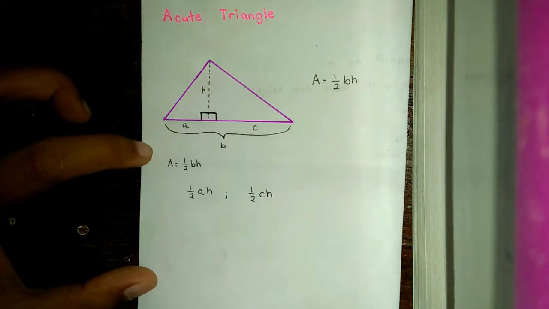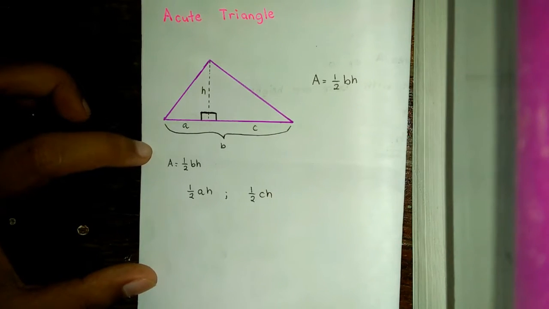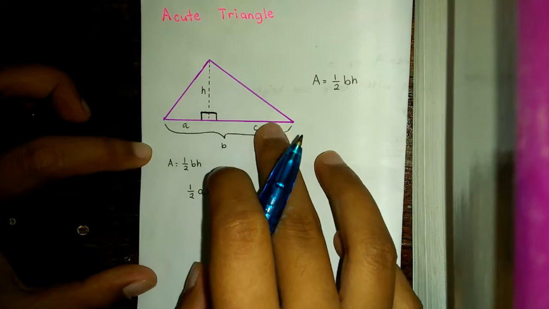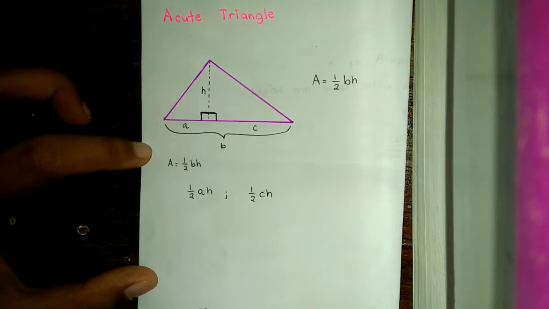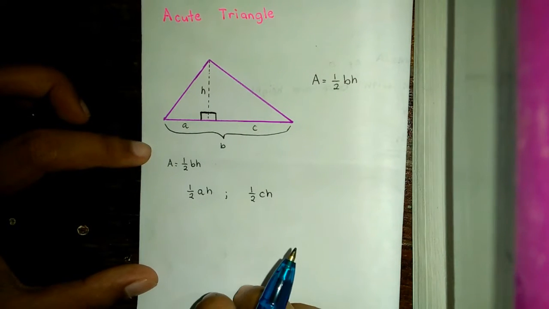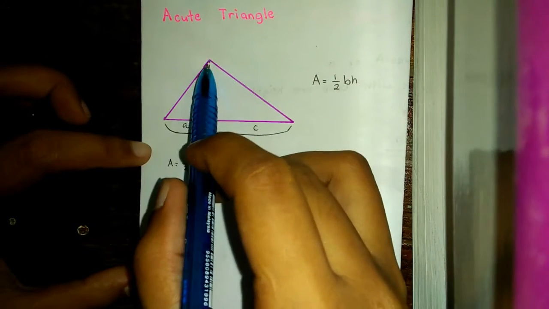After knowing the area of the right triangle, let us now derive the formula in finding the area of an acute triangle. Consider this figure. Notice that the triangle can be divided into two right triangles.